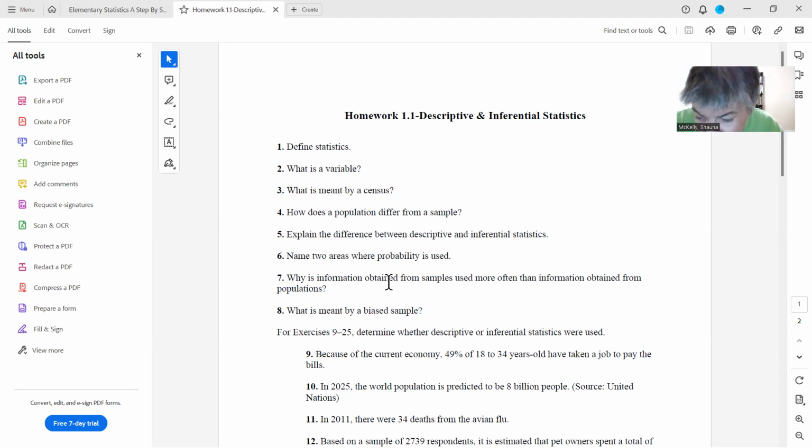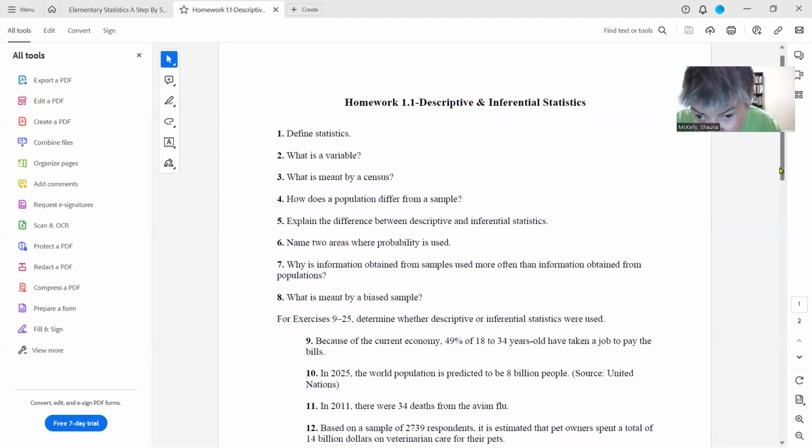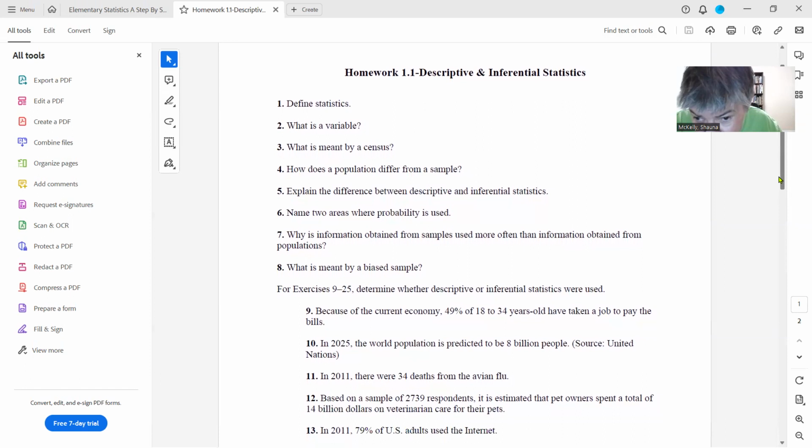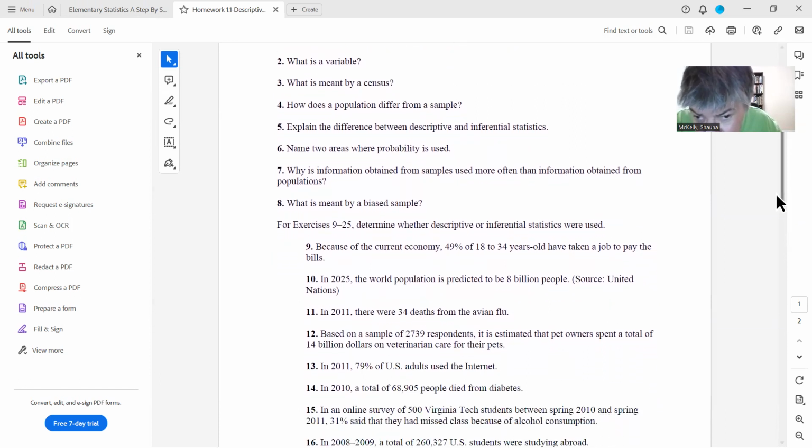Now for exercises 9 through 25, I've already shown you where the examples for descriptive versus inferential statistics are. So it's just a matter of, what are you doing with these numbers?